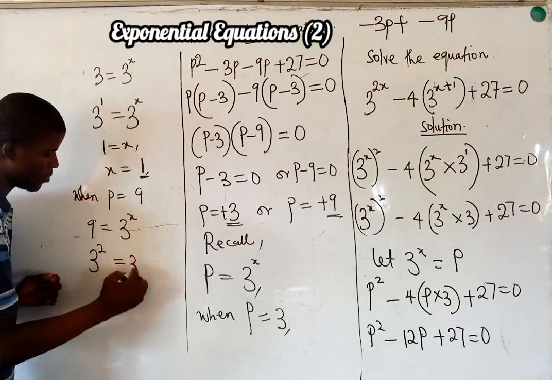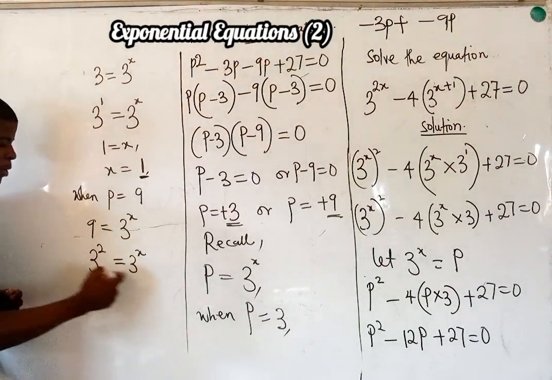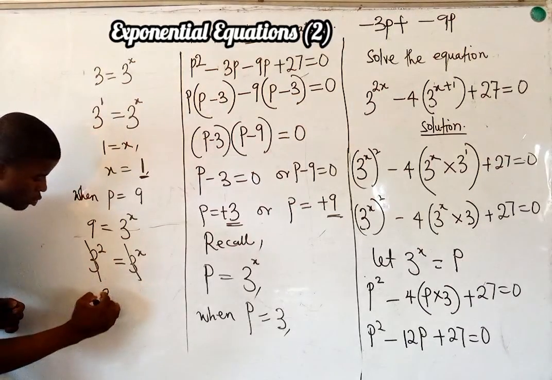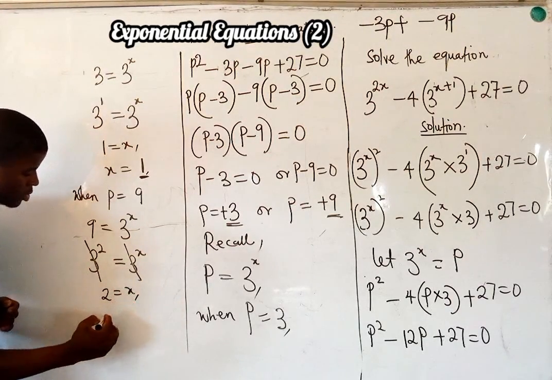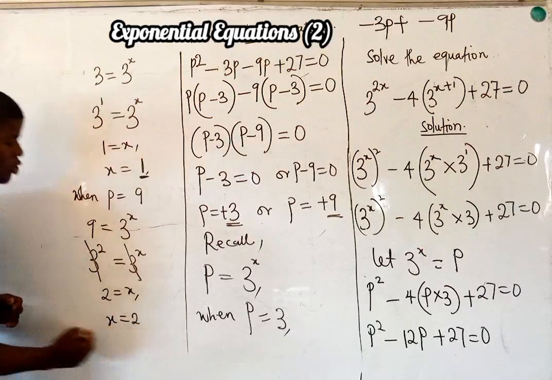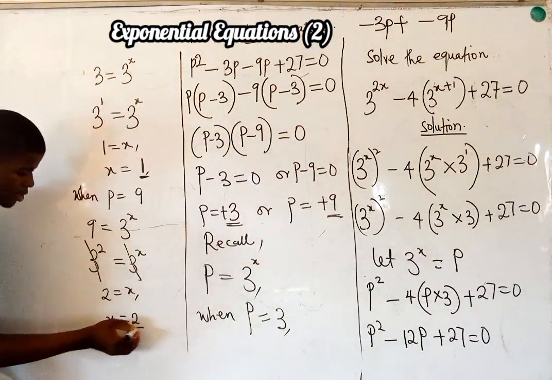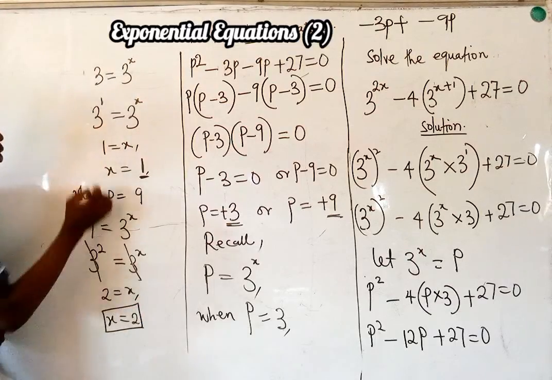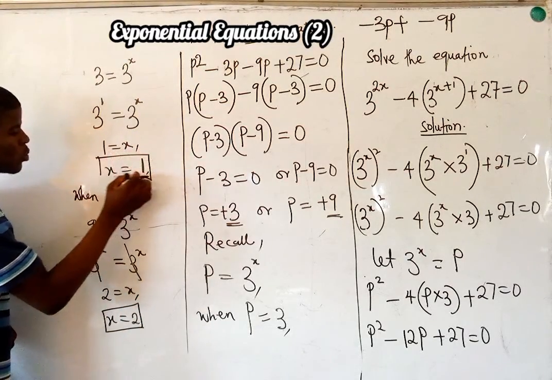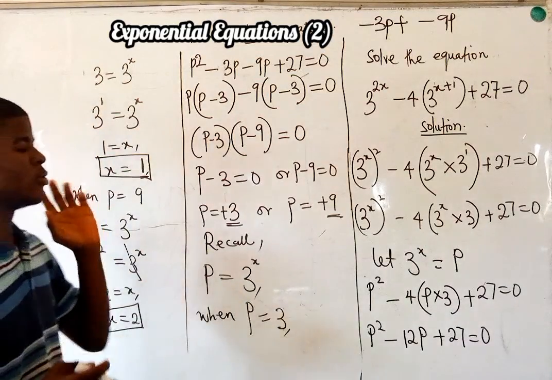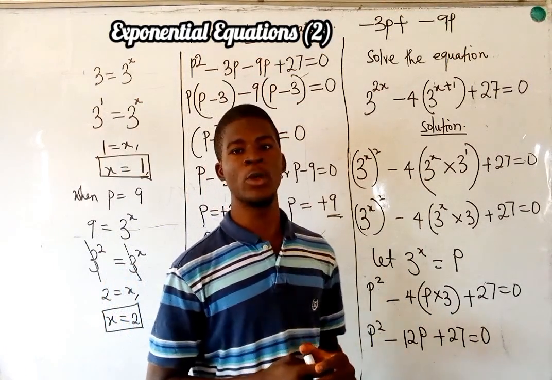This is equal to 3 to the power of x. Obviously, the bases are the same, so equate the powers: 2 is equal to x. So the values of x in this equation are x equal to 2 or x equal to 1. These are the answers to this exponential equation.